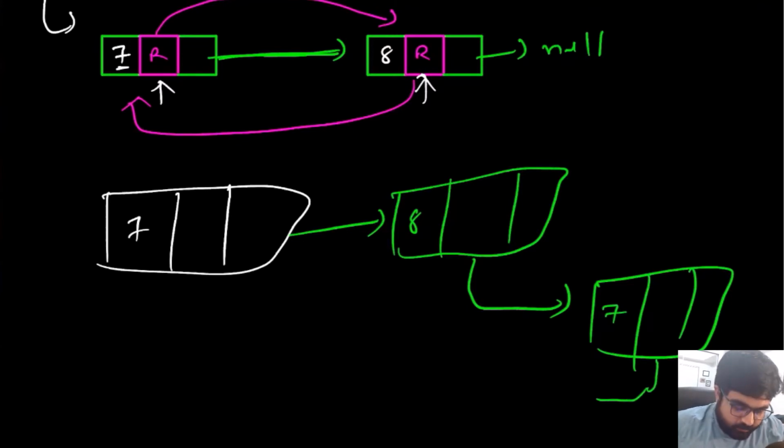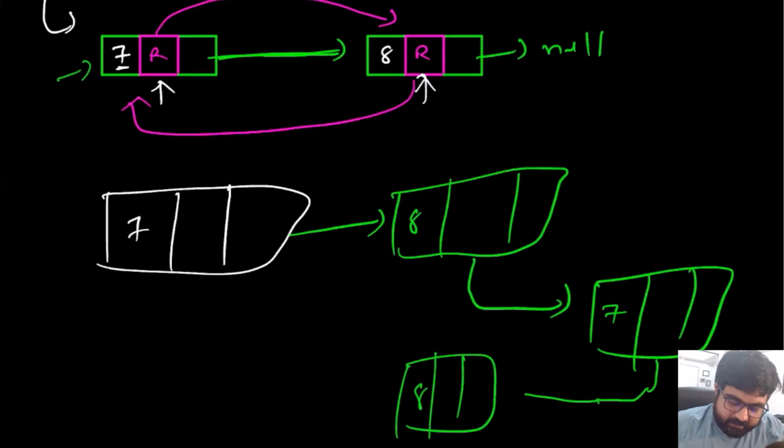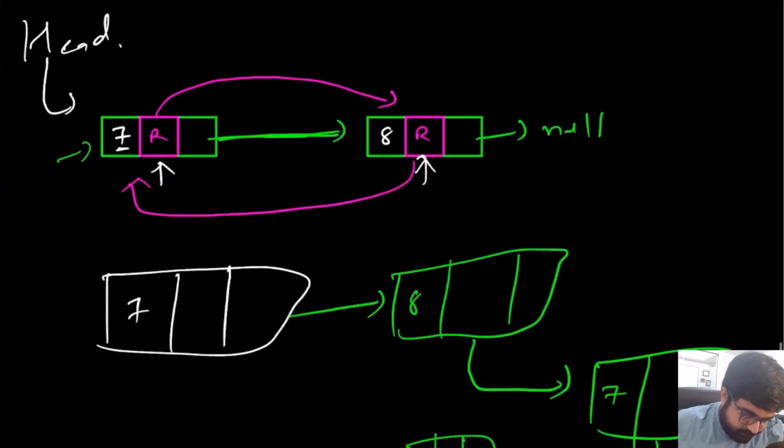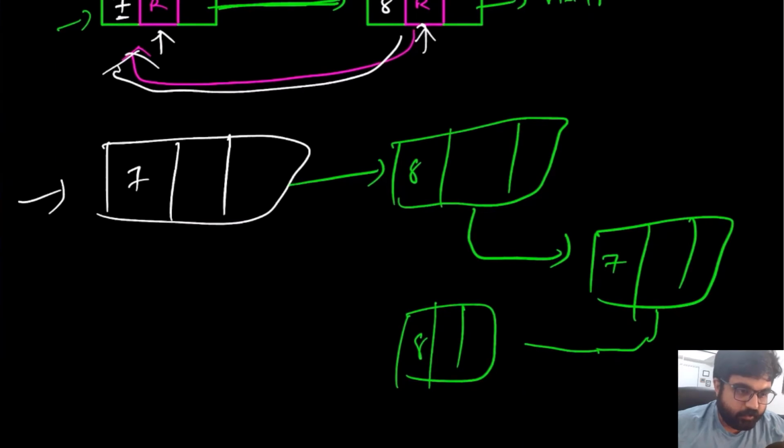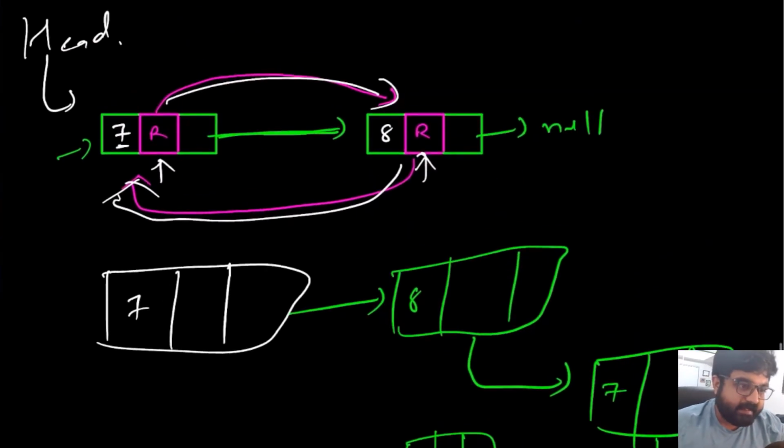And for this particular 7, the value is pointing towards 8, so we might create a new node 8, and then we keep on repeating. So basically, because there exists a cycle over here, it is possible that while creating the copy, we could end up in an infinite loop, and that could be disastrous. So we will have to avoid that at any cost.